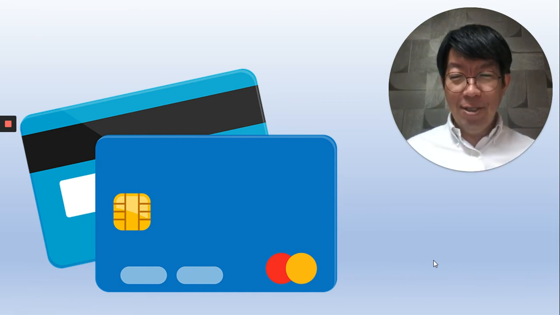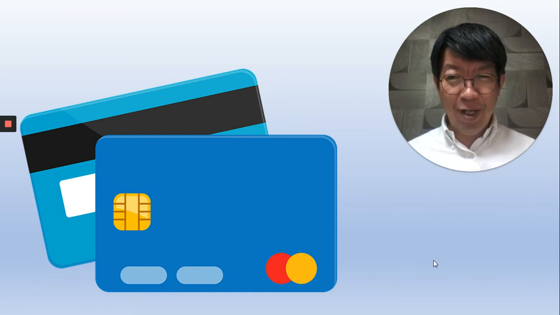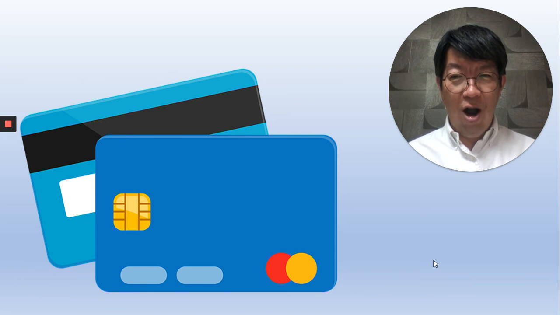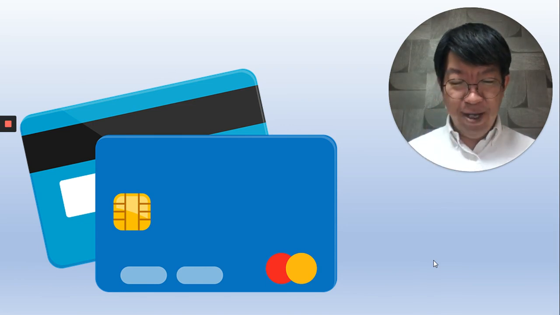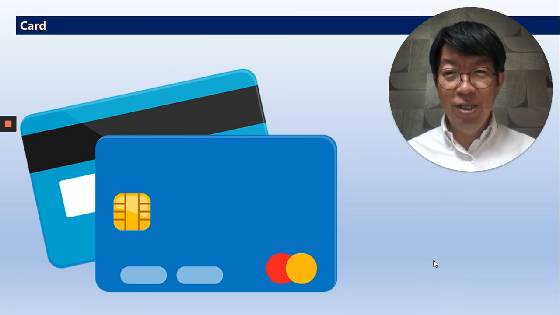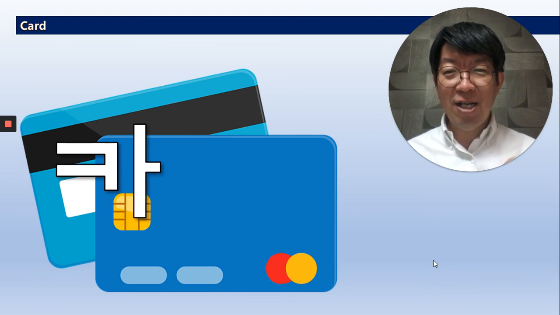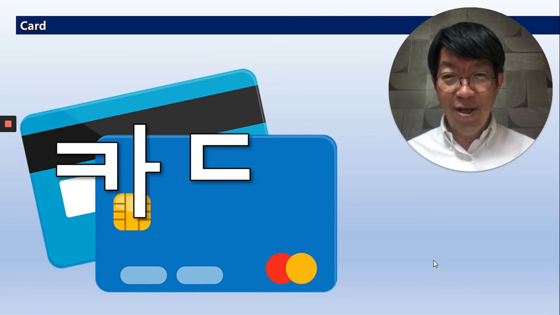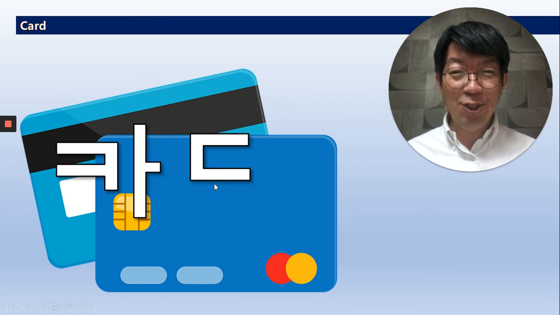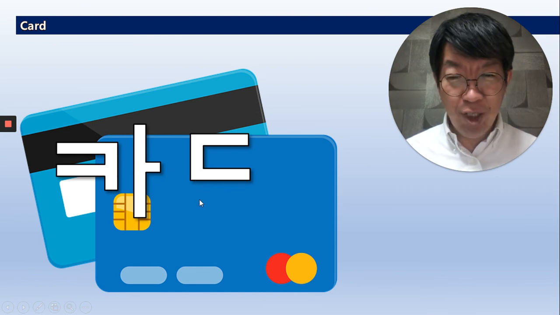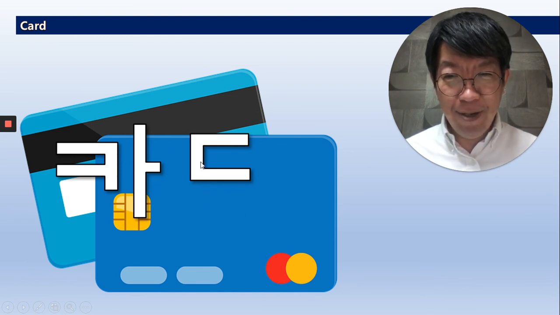Okay, let's memorize some vocabulary. Let's practice with vocabulary. Card. This is k, right? So k, a, ka, and the card. Card in Korean. Actually, this is wrong. Why is this wrong? In Korean letters, there must be one consonant and one vowel.